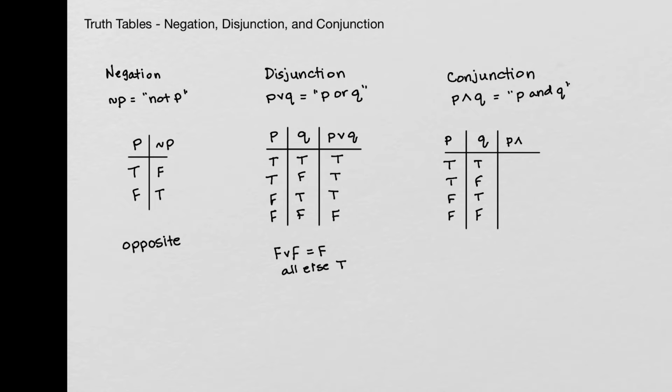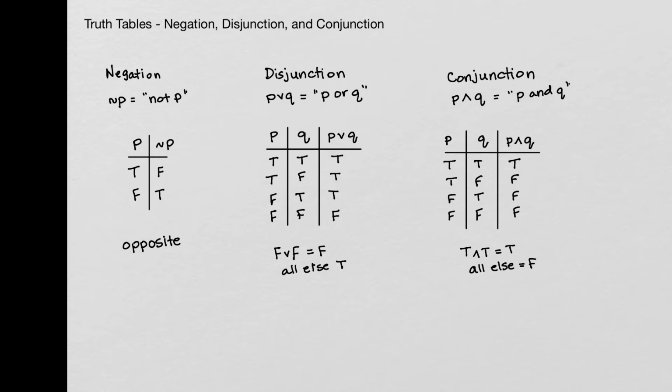And for P and Q, both parts have to be true in order for the overall statement to be true. So the only way we get true is with true and true. Everything else is false. So true and true equals true. All else is false.